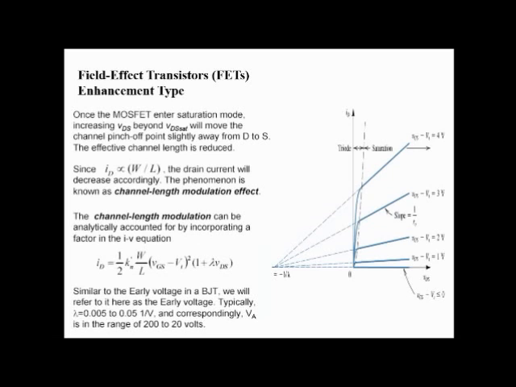This channel length modulation can be analytically accounted for by incorporating a factor in the IV equations. By studying these IV equations, you can easily see how this effect changes whenever there is a change in the W by L ratio and a change in the ID current.